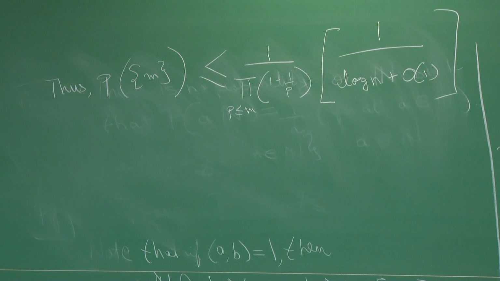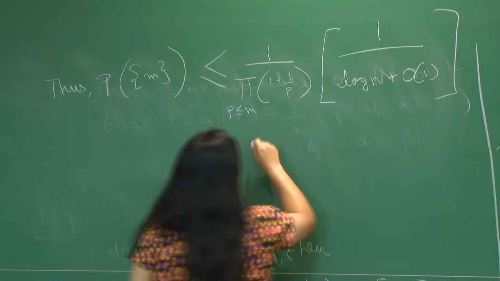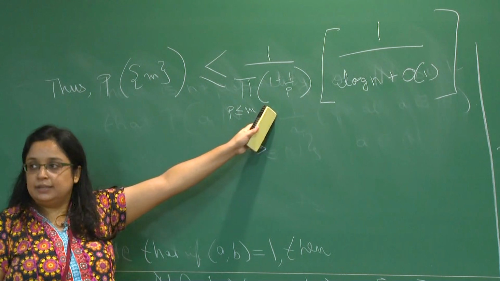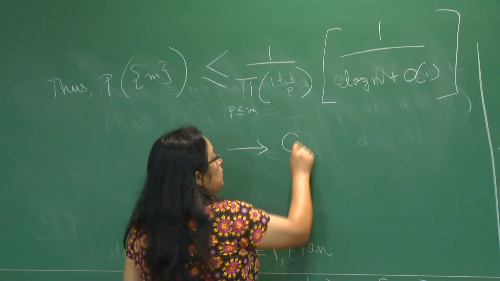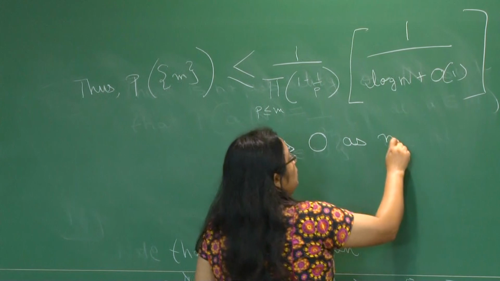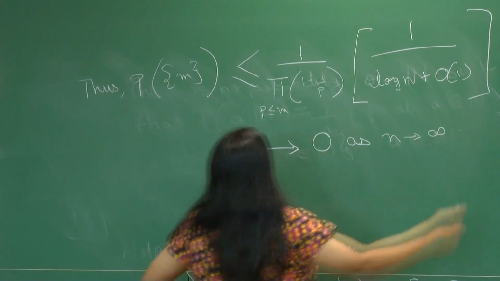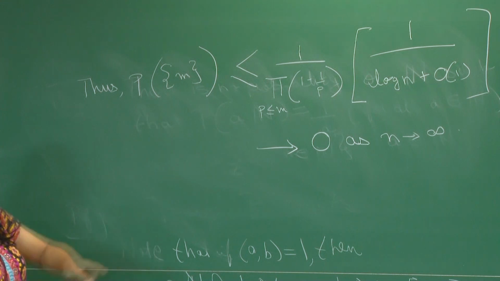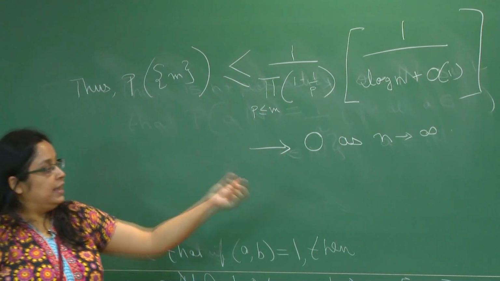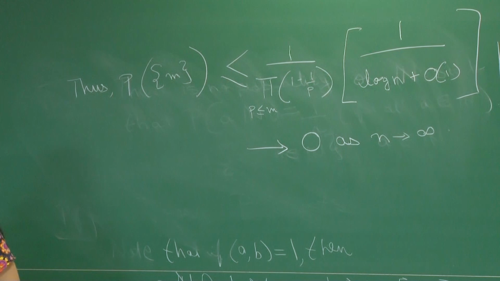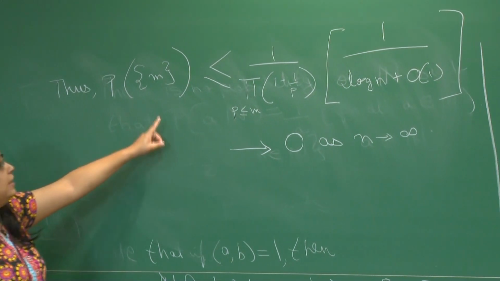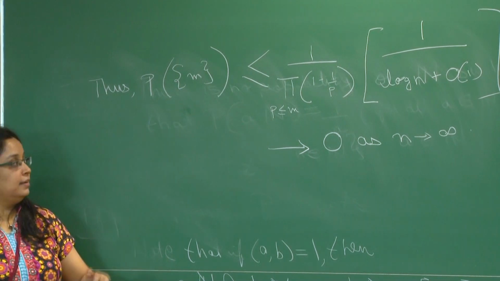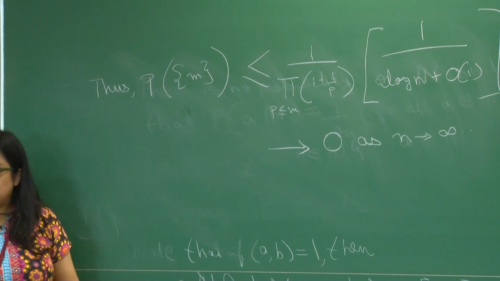What happens as n goes to infinity? m is fixed, so we do not have to worry about this part. This goes to 0 as n goes to infinity. And so, what you have told me is that if I were to take any fixed natural number m, the probability of the singleton set {m} is equal to 0.